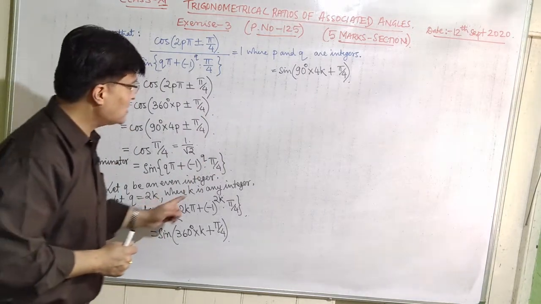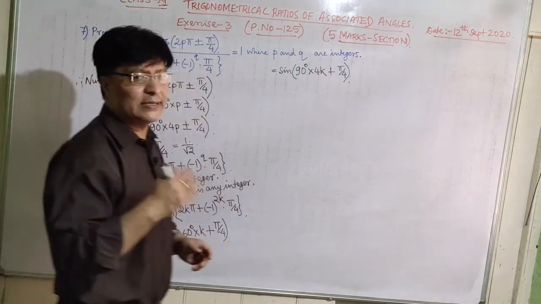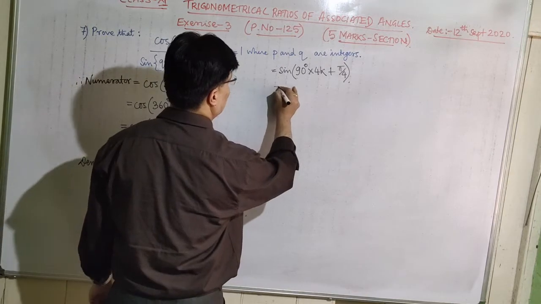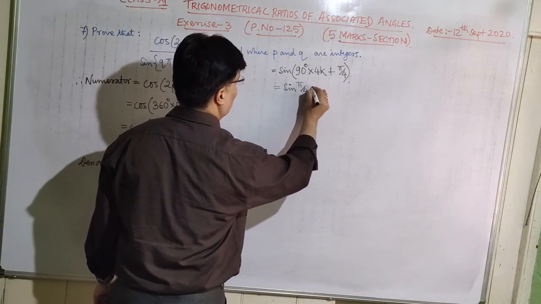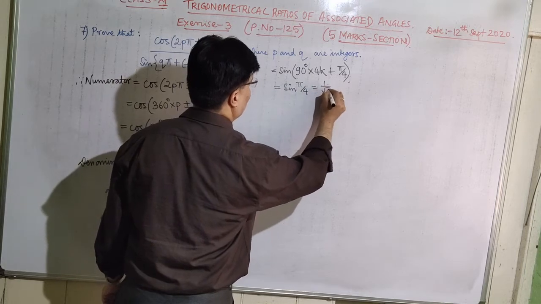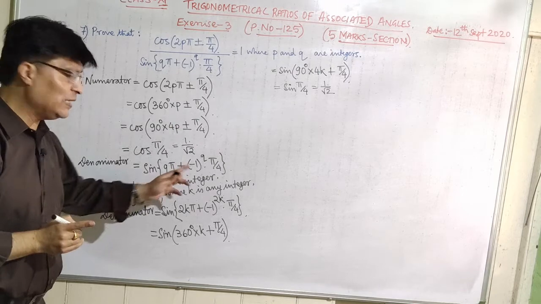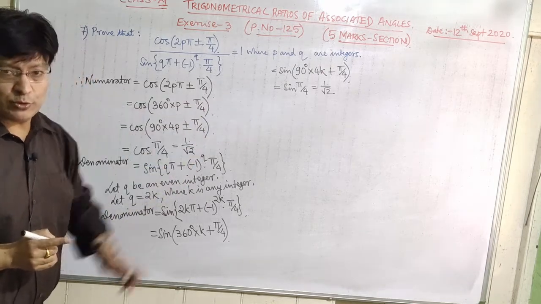Since this is 90 degrees into 4k, an even multiple of 90, sine remains as it is, which is equal to sine pi by 4, which is 1 by root 2. So if q is an even integer, the value of this expression is 1 by root 2.